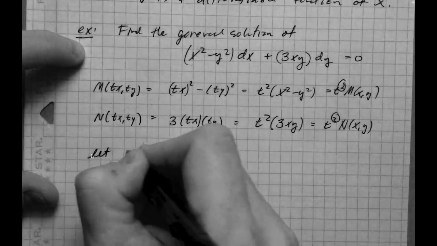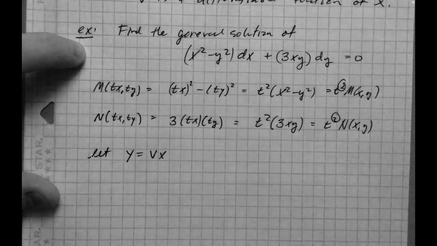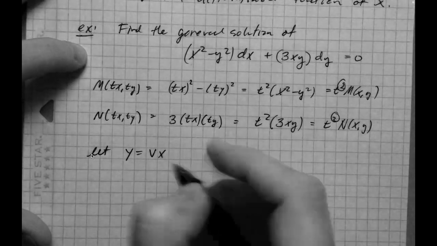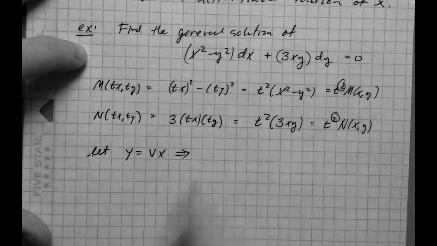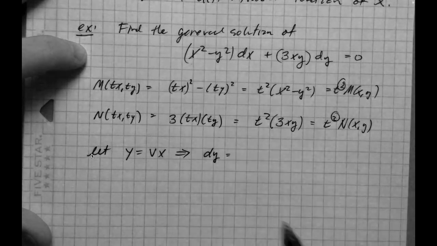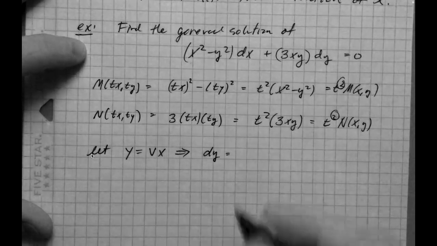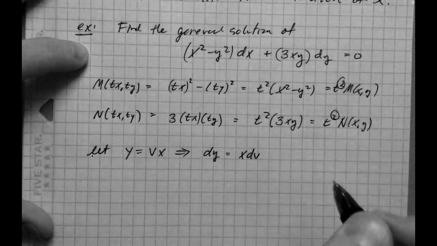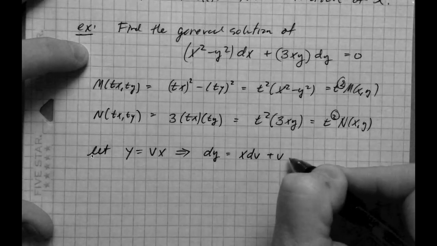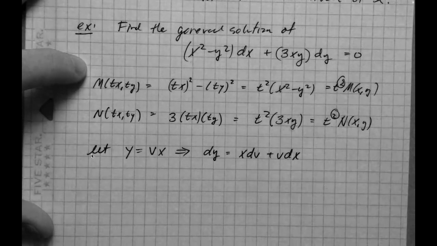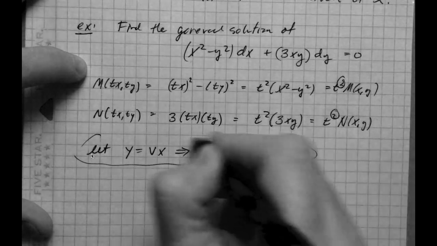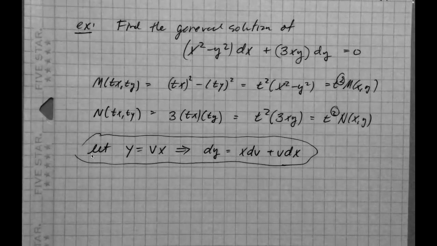So let's let y equal vx. Okay. Then dy is equal to, now this is the chain rule, so it'll be x times dv plus v times dx. Okay, so this is kind of the substitution that we're going to apply.